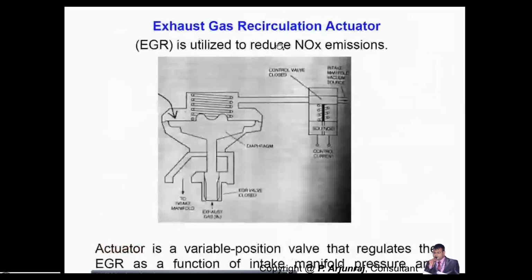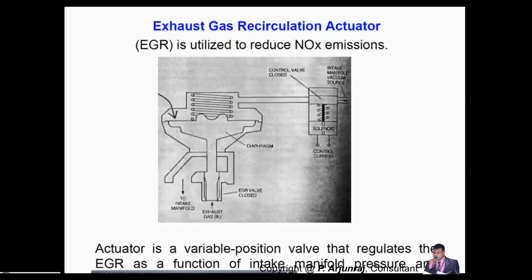We also have an EGR actuator, the exhaust gas recirculation actuator. EGR is used to reduce the NOx emission. And here the actuator we are using is a variable position valve that regulates the EGR as a function of a check valve. You see here, the exhaust gas which is coming out gets regulated, the EGR valve will open, and accordingly the exhaust gas gets recirculated to the intake manifold.